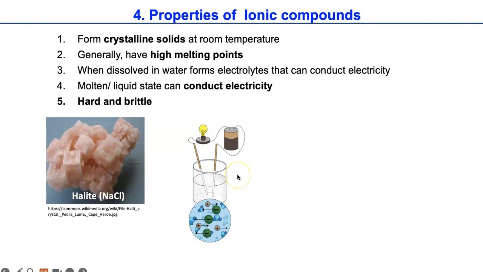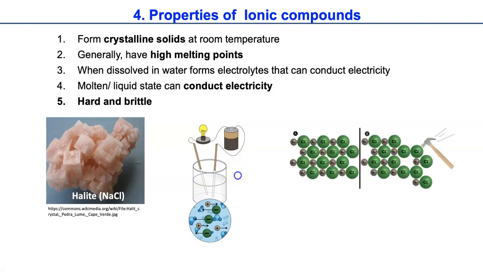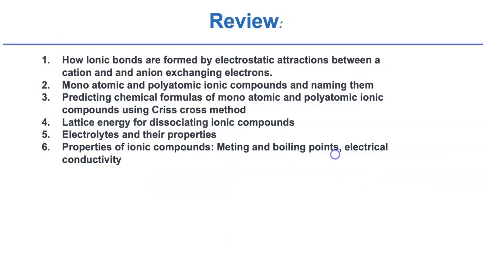And if you melt a solid crystal, in a liquid state they also conduct electricity. They are also hard because they have that crystal structure. They break into pieces of the crystal structure, becoming brittle.